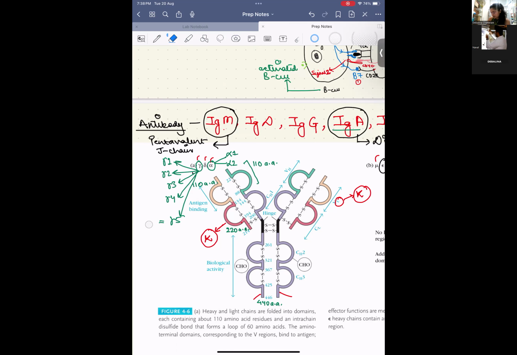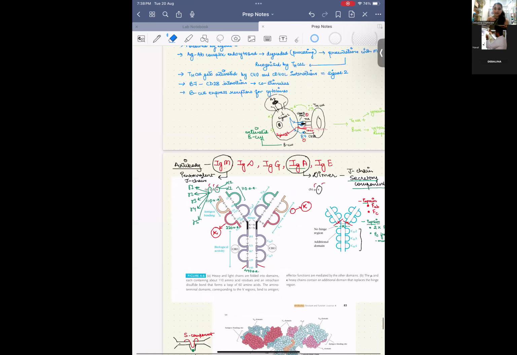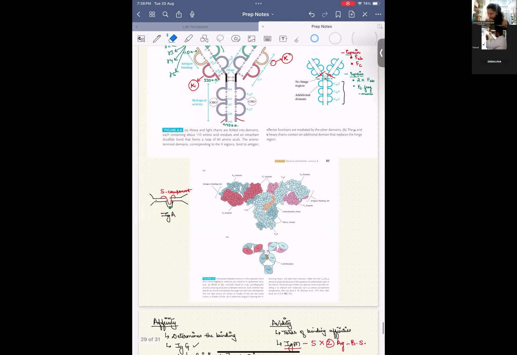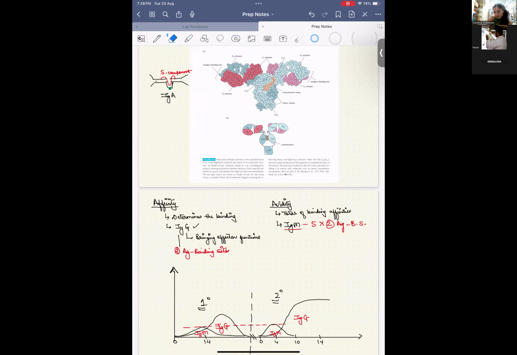So I'll mention this. This is a very quick overview of the different types of antibodies and how we are classifying them. I think we can stop here for today. I'll just check if I'm missing anything major here.